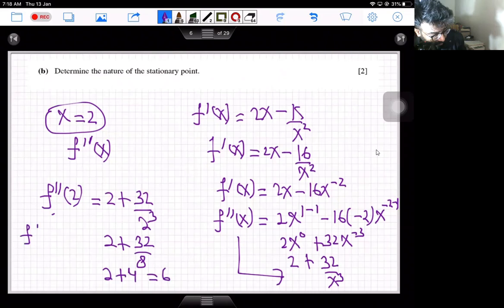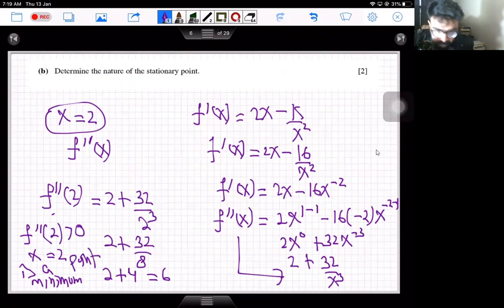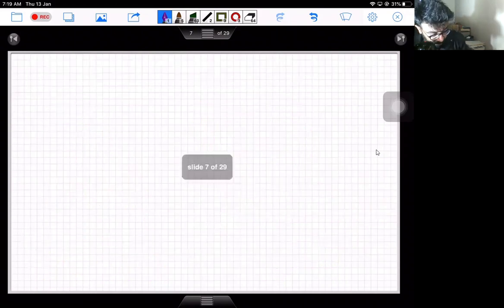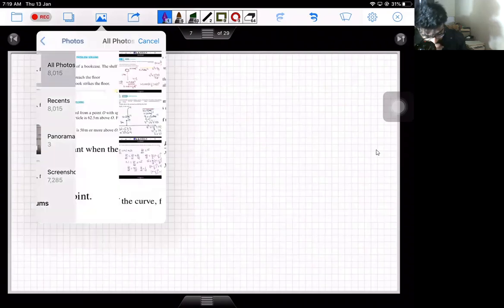Since f''(2) is greater than 0, therefore x equals 2 is a minimum point. This is the nature of this stationary point, x equals 2. This is part B.